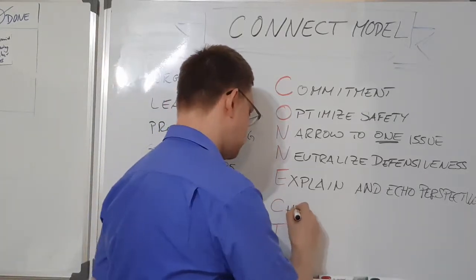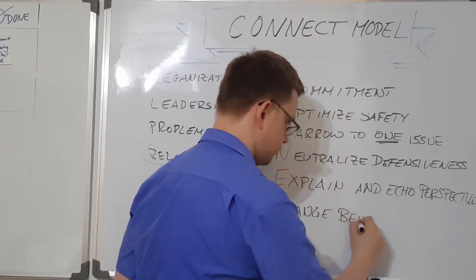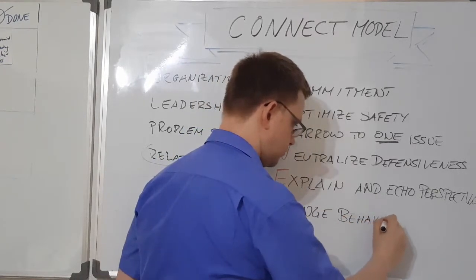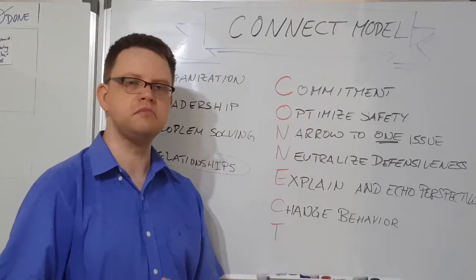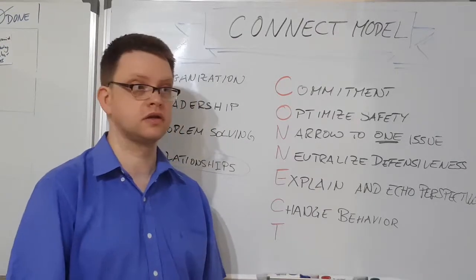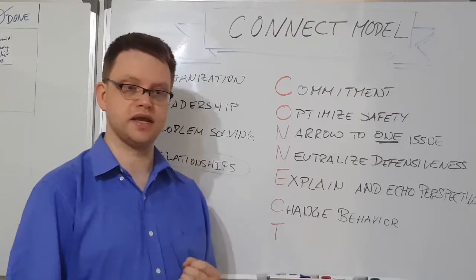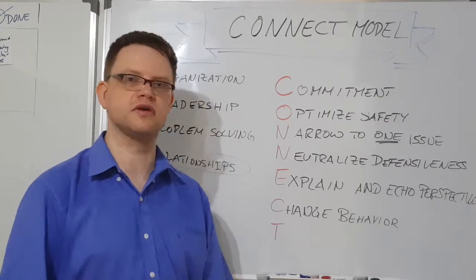So we want to change behavior. So instead of me getting angry when I see your code, I need to step back and say, okay, I'm not going to have a response right now.